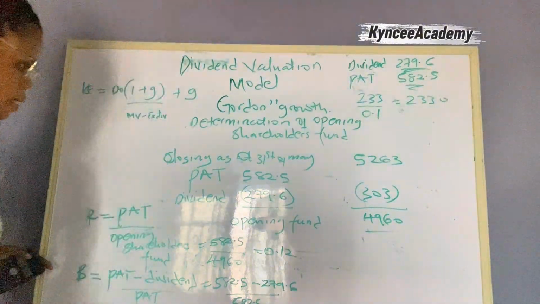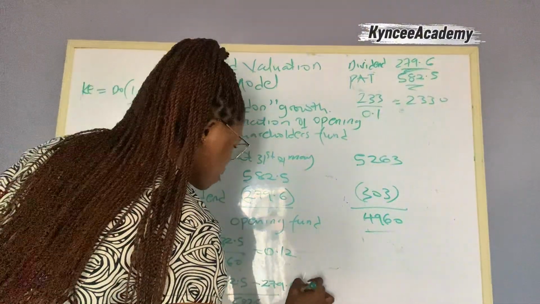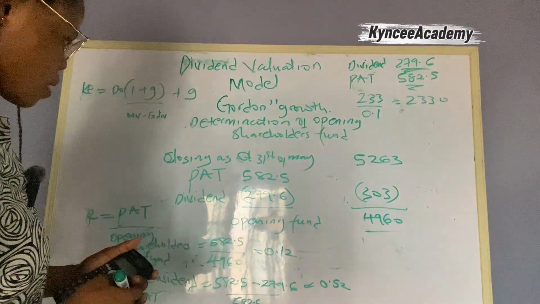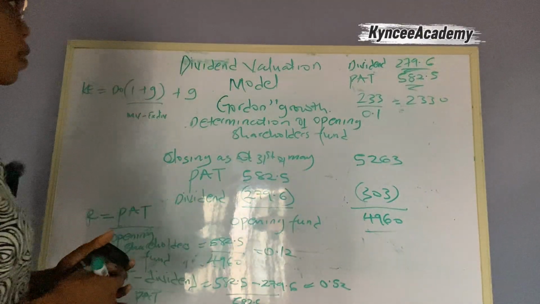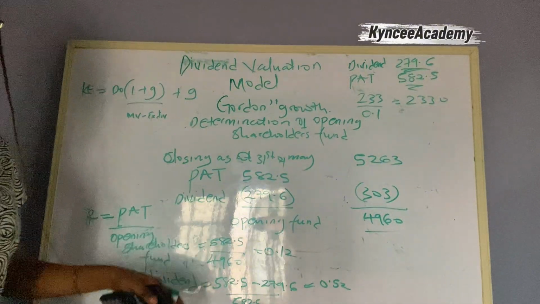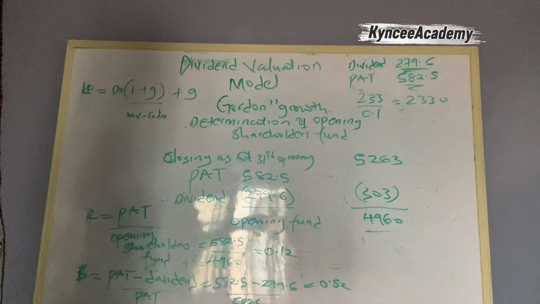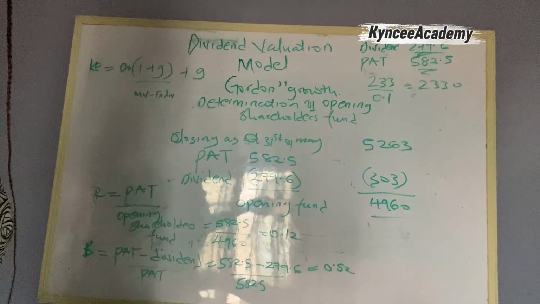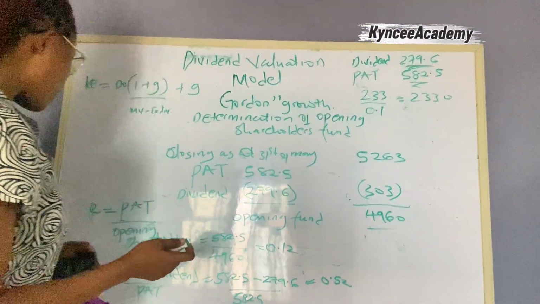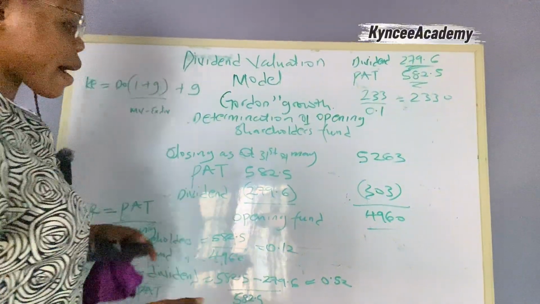Can you guys see it? So it will give us 0.52. Yes, 0.52. So that's that. So we've gotten our R and we've gotten our B.